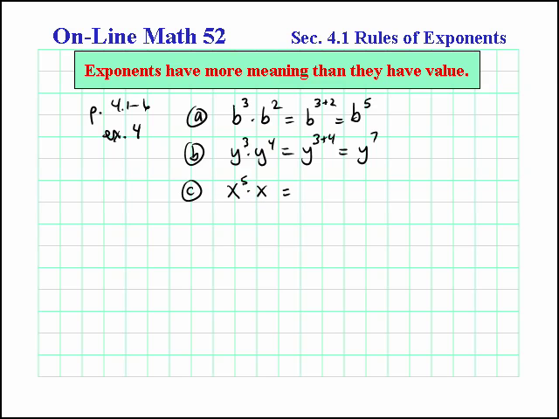So let me go ahead and write in the power 1 here, so that when we evaluate this, that's x to the 5 plus 1, x to the 6th. Okay? That's an important thing to recognize. And that will actually come into play quite a bit, this idea that even if we don't see the exponent, there's still one there, and we can put it there whenever we need to. Okay?